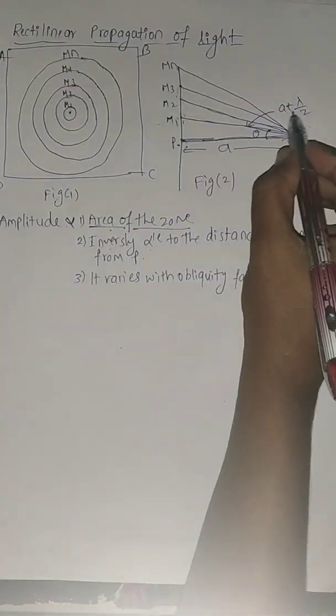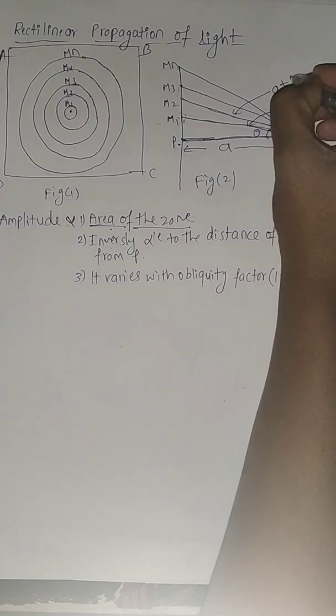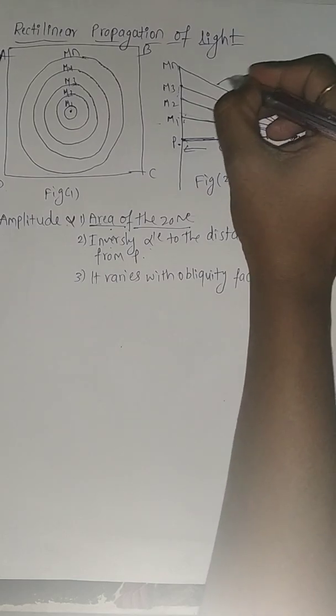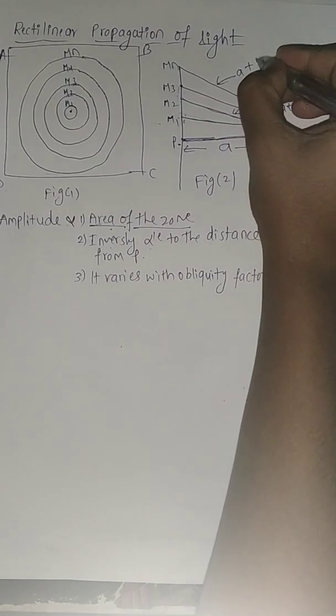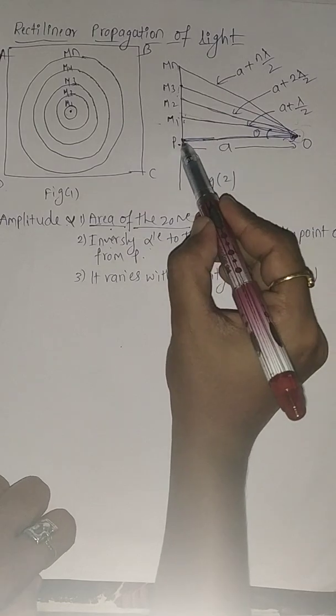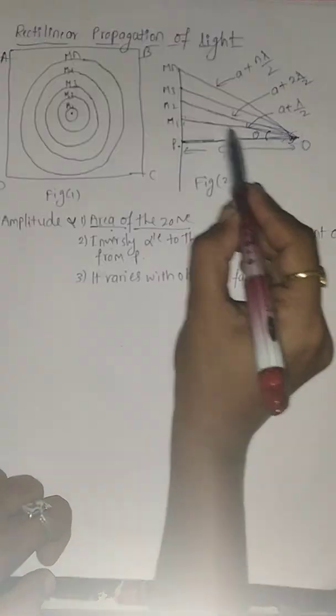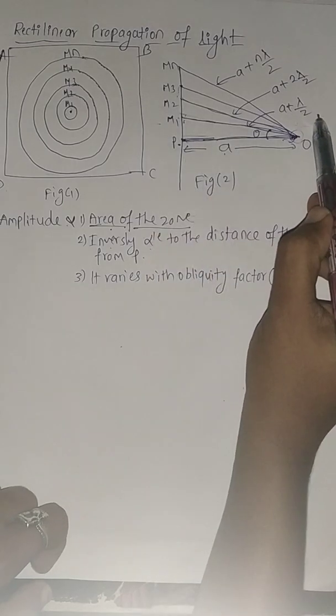And what is the radius of the second circle? A plus 2 lambda by 2. Like that, for the last zone, the radius is A plus n lambda by 2. So from P to O, the distance is A. From O to M1, the radius is A plus lambda by 2.